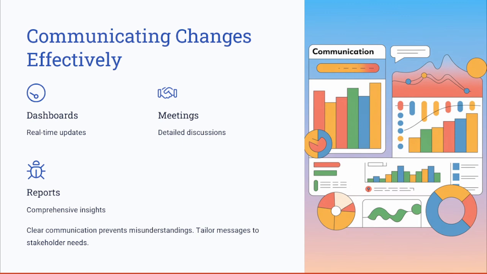Think of tailored communication strategies, such as using dashboards for real time updates or sometimes holding meetings for detailed discussion and explanation, which helps address the stakeholder concerns and build consensus. Again, transparent communication fosters trust and supports a smoother implementation of these changes.